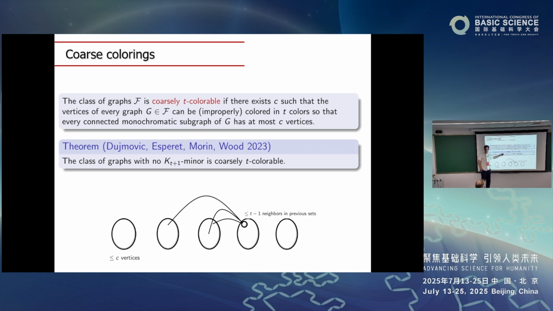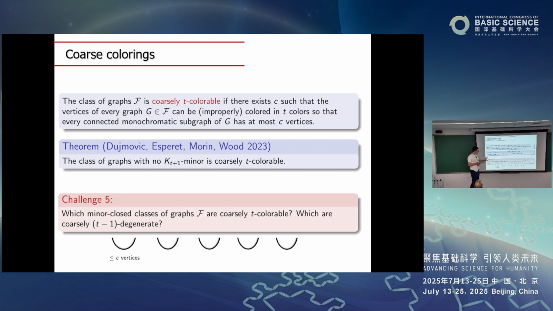Here it's not clear why you need to exclude K_{t+1}. I mean, K_{t+1} itself, the complete graph on t+1 vertices, is coarsely one-colorable. Just color it from far away, it looks perfectly fine. So there are conjectures about what the truth is here, and they are open, so there is still a challenge, and we are getting closer to solving it.